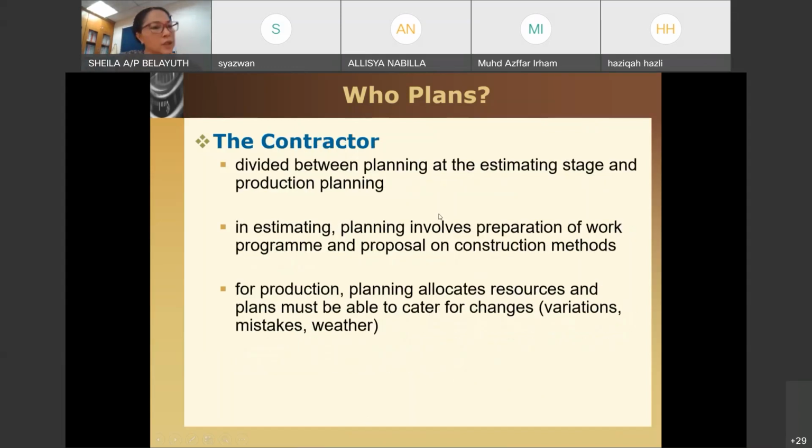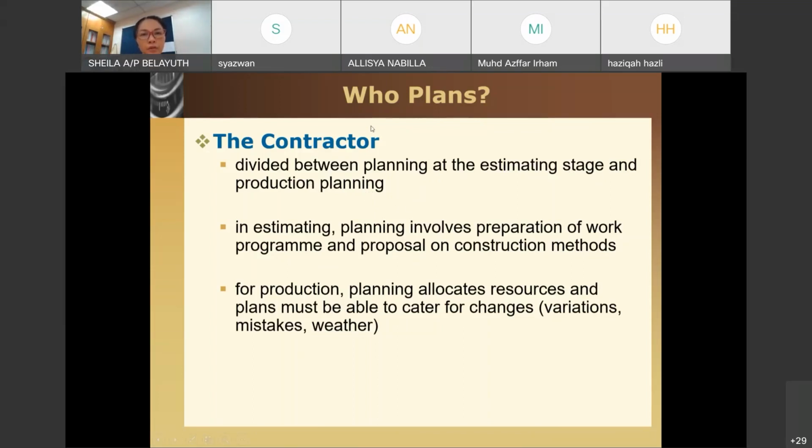For the contractor, it is divided between planning at the estimating stage and production planning. As a contractor, you come in during the tendering stage, and if you have won the tender, then you move on to production planning.